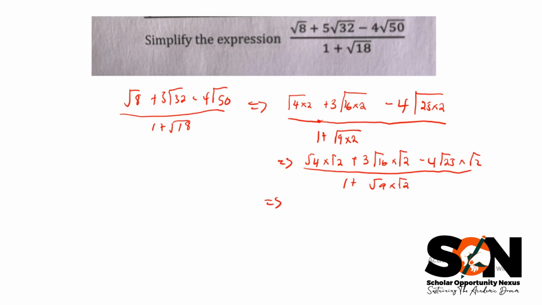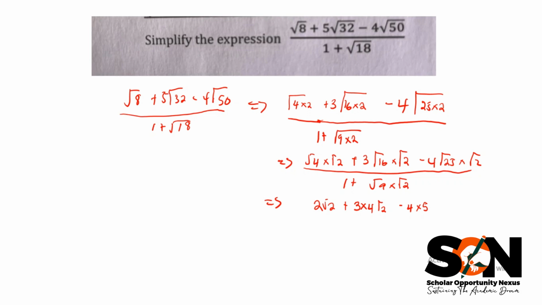And this should give you what? 2 square root of 2 plus 3 times 4 square root of 2 minus 4 times 5. Okay, so this place is actually 5.